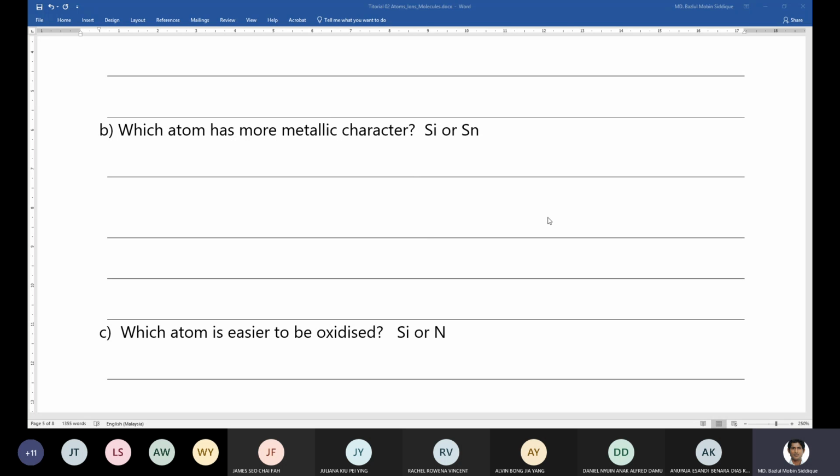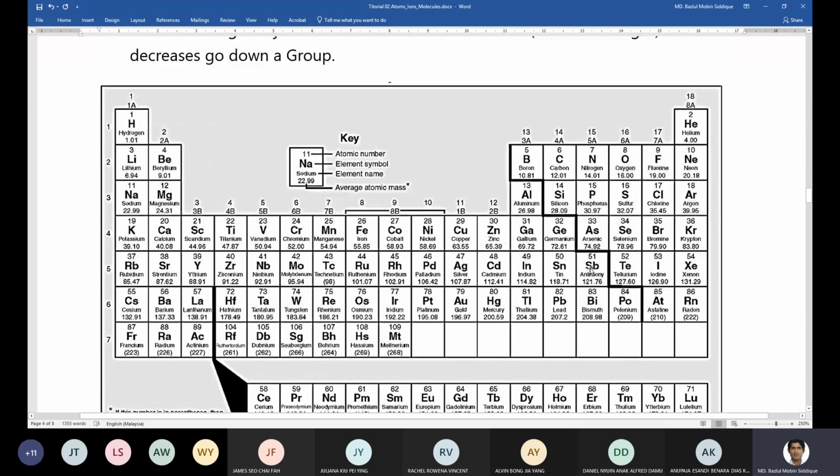Which one will have more metallic character, silicon or tin? Yes, it is tin. Are you answering? Tin, yes. Silicon or tin, yes, because it is tin. Tin is lower here. Here, tin is here, and silicon is there.